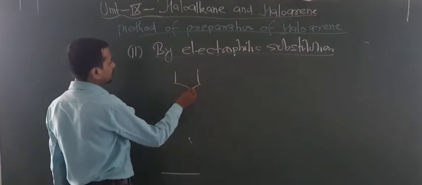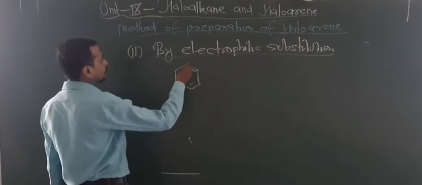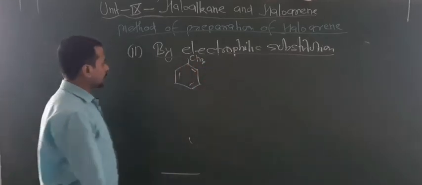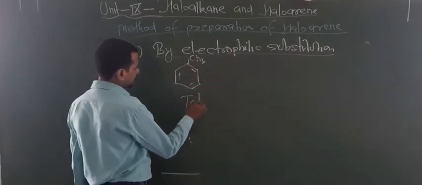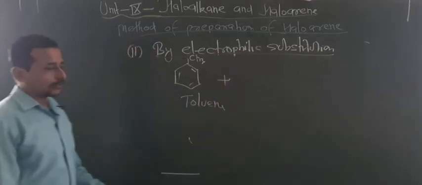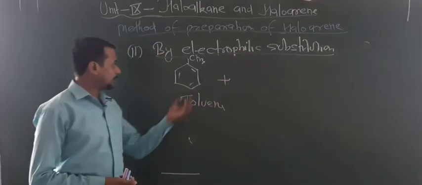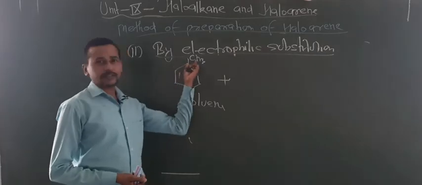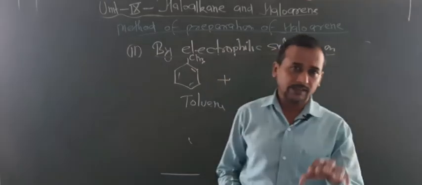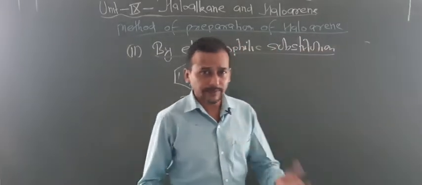Now in the case of substituted benzene, this is known as toluene. I told you that if the ring has one substituent, you have to look whether the substituent is an ortho para director or a meta director.